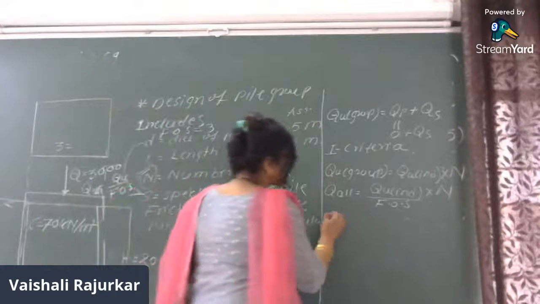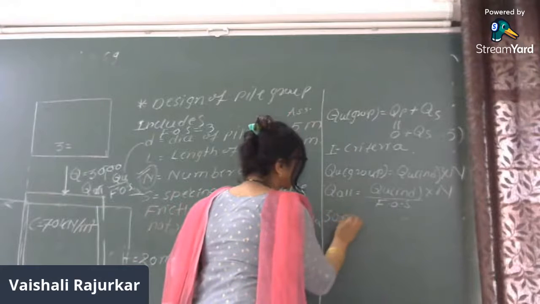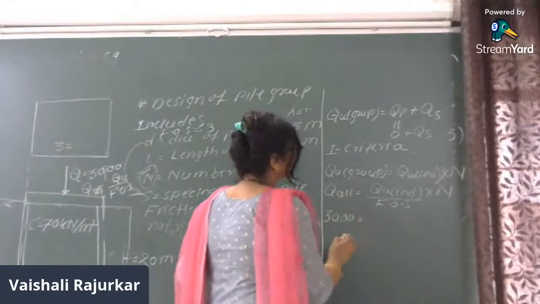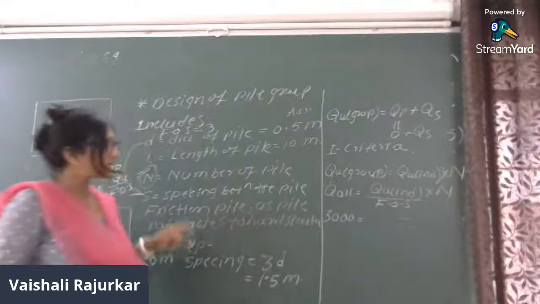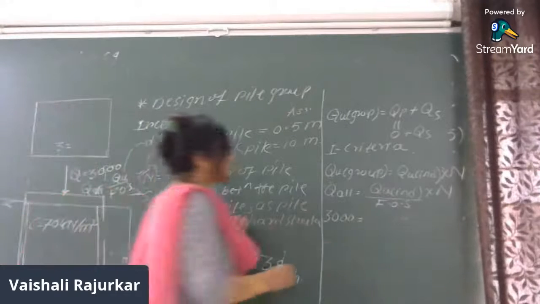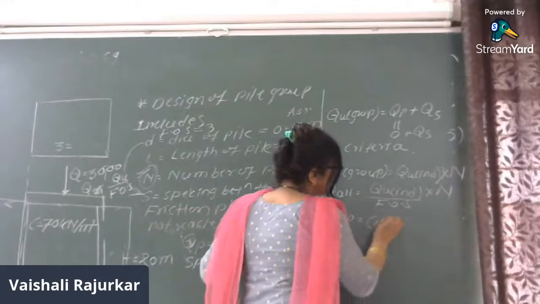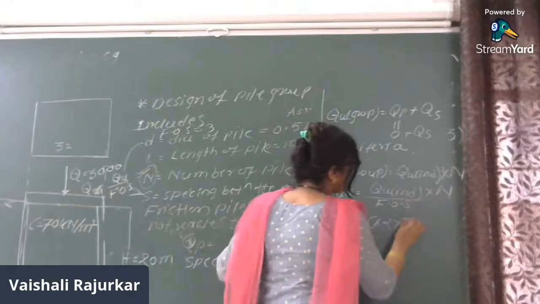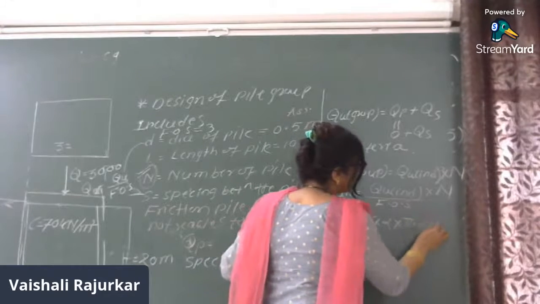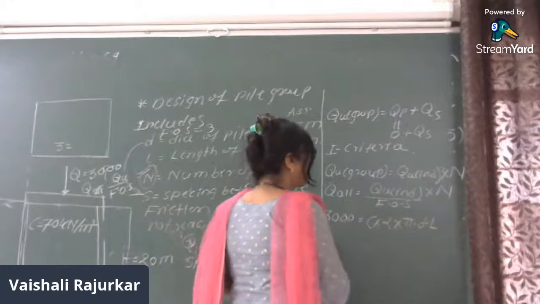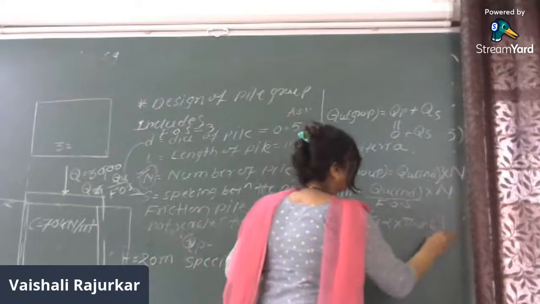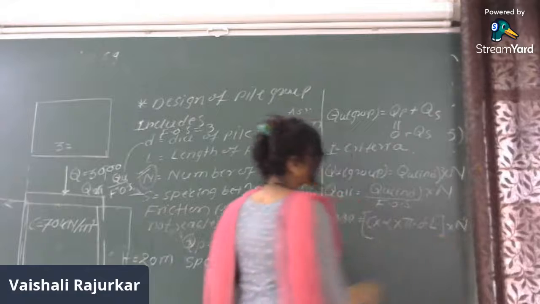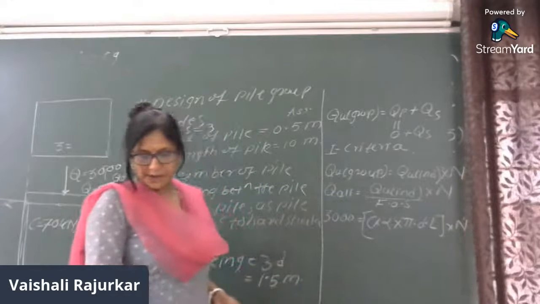So in this case, here we will just write down 3000 is equal to, if suppose we will consider it is a friction pile, so it will be C into alpha into pi d L into number of piles.